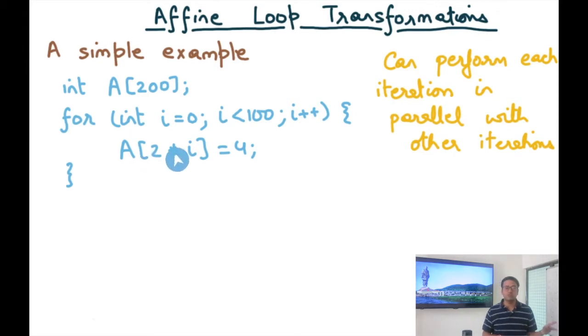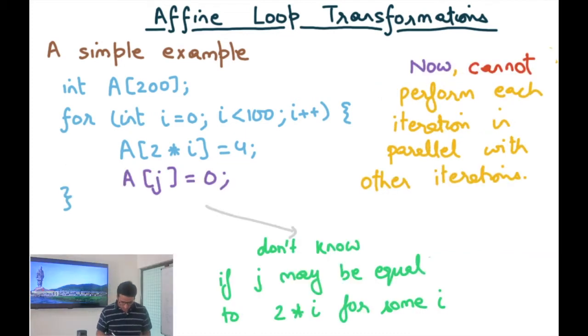In the third iteration, it will be A of 4, and so on. And so one easy analysis that we can do just by looking at this code is that different iterations access different regions of memory, or different elements of the memory. And so it is possible to perform each iteration in parallel with other iterations because they do not interfere, they do not have any data dependency, they do not touch any common piece of memory.